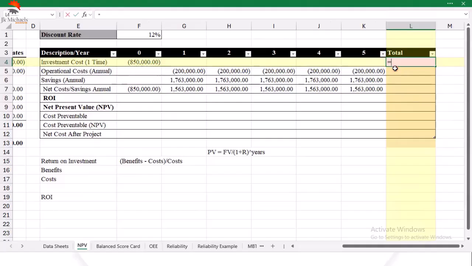So we could sum this, that at the end of the period would have our initial investment cost will come to 850,000 US dollars. Our operational cost will come to 1 million US dollars.